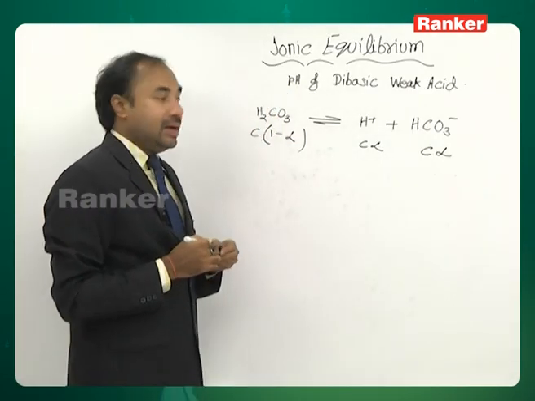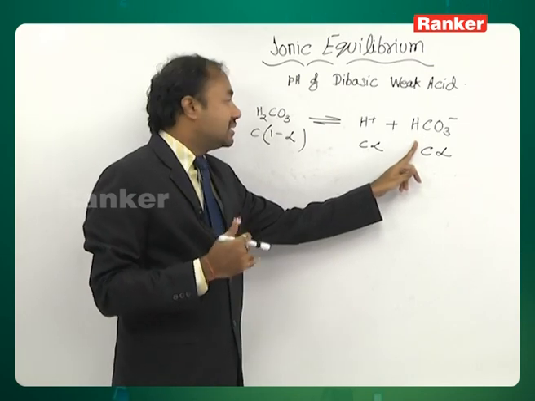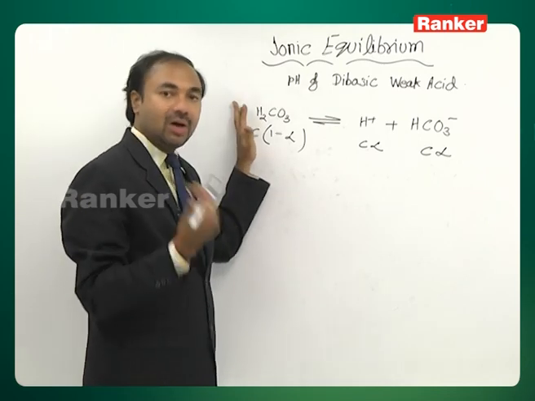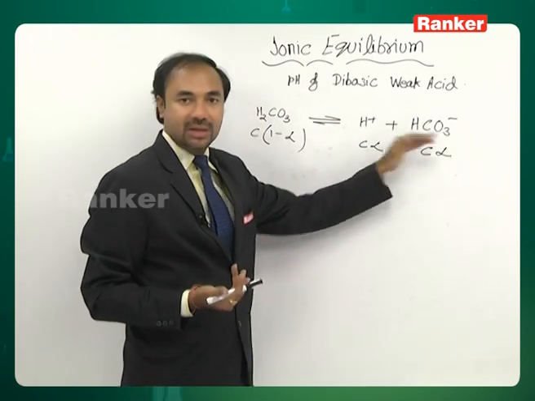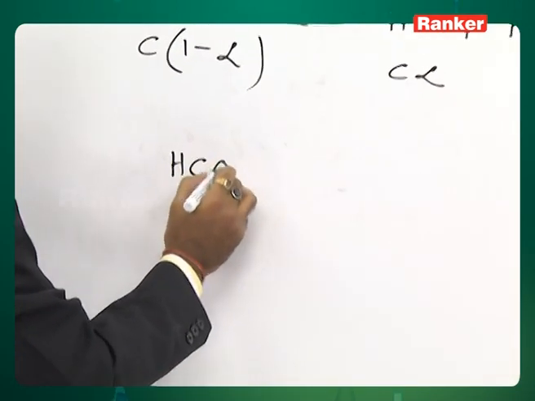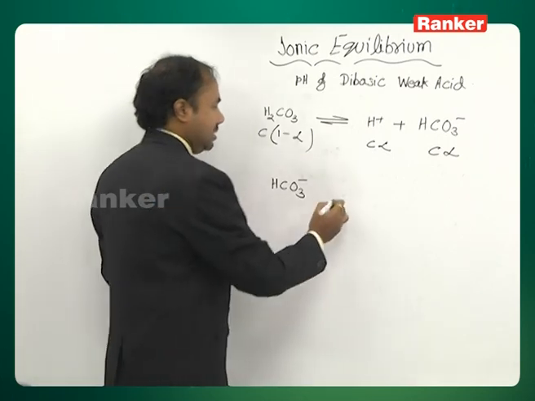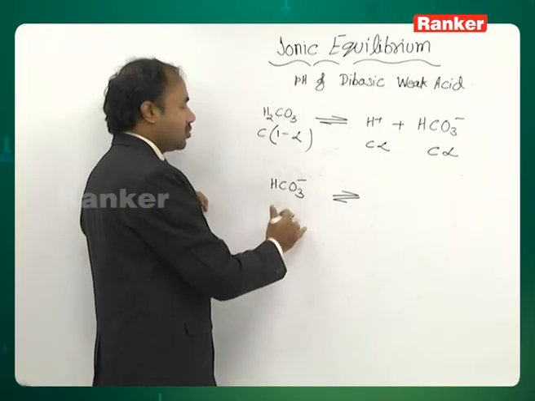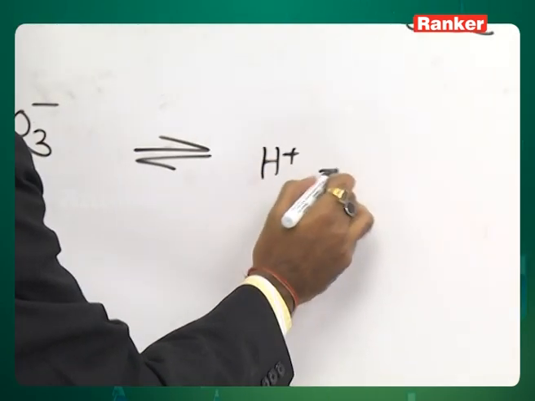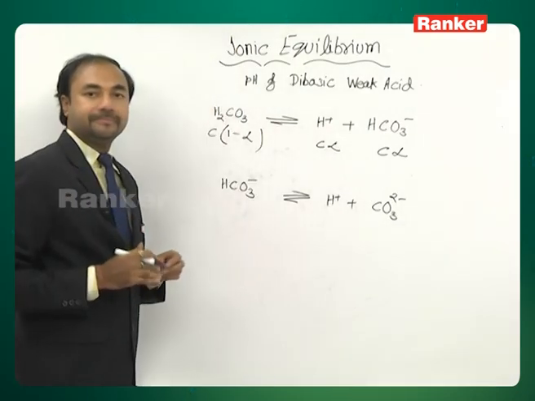Now HCO3 minus can behave actually both as an acid as well as a base. Here, because H2CO3 is a stronger acid as compared to HCO3 minus, it again undergoes dissociation, although the degree of dissociation is very less, but we show it again dissociating, HCO3 minus giving H plus and CO3 2 minus ions.